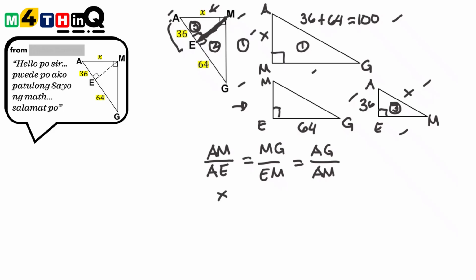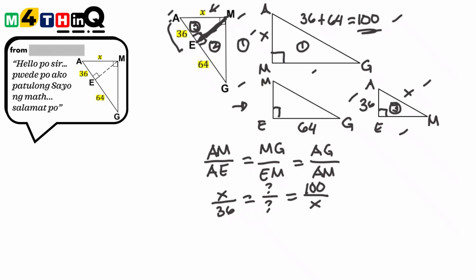AM is X over AE is 36. MG is unknown, as well as EM, so let's have here unknown. You can use another value for that. And you will have your AG, which is again the total, 100, over your AM, which is X.